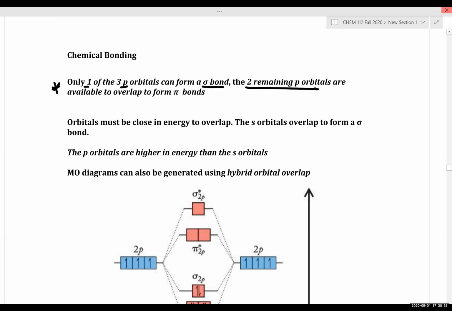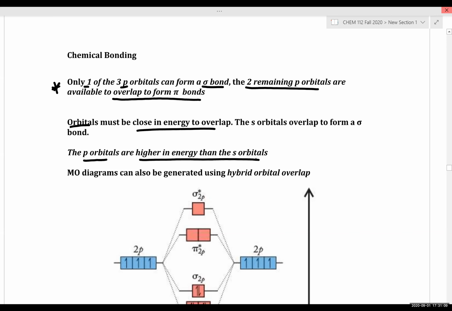The two remaining p orbitals are available to overlap to form pi bonds. Now, part of the reason behind hybridization and part of the rules that govern orbital overlap to form chemical bonds is that the orbitals used for bonding must be relatively close in energy. Now we know, of course, the p orbitals are higher in energy than the s orbitals.